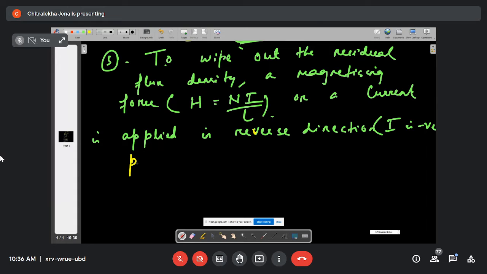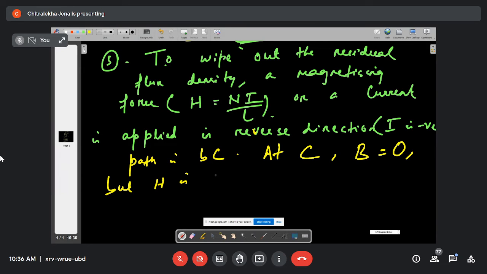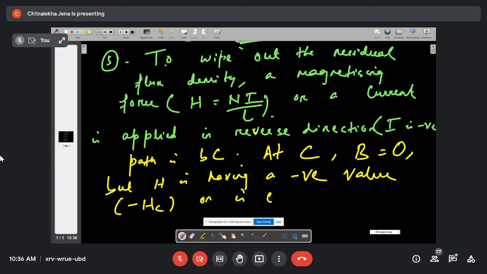Path is AB or BC? Path is BC. At C, B is equal to 0, but H has which value? A negative value. That is called minus HC, or coercive force.